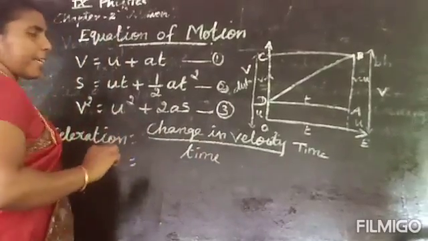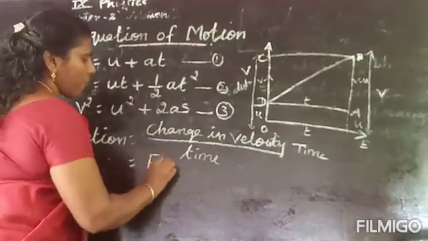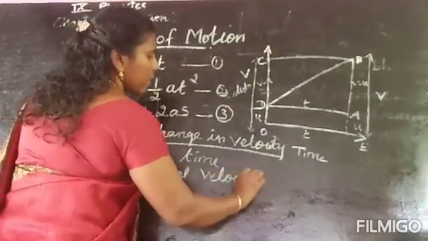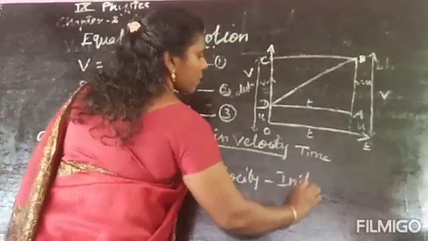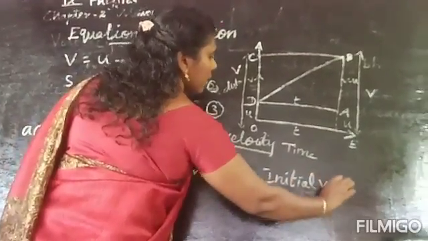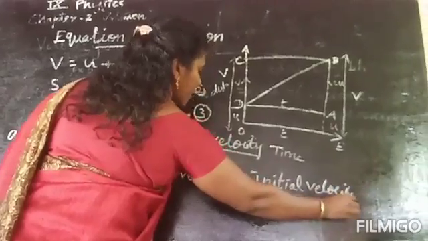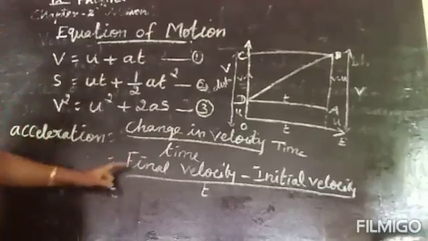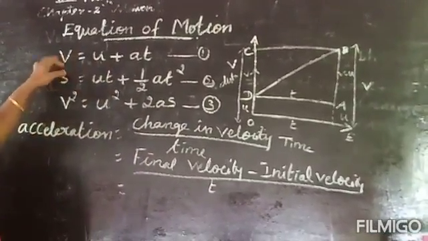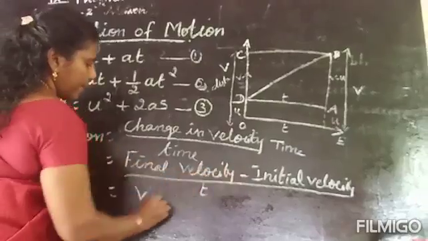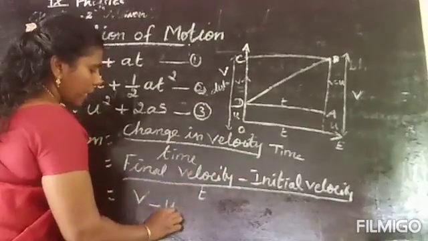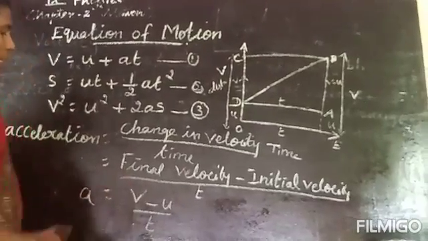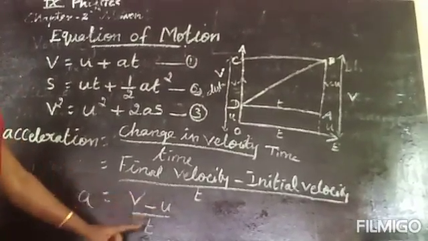Change in velocity means final velocity minus initial velocity, divided by time. Final velocity is denoted by the letter V, minus initial velocity U, divided by T. Acceleration is denoted by the letter A. So A equal to V minus U divided by T.